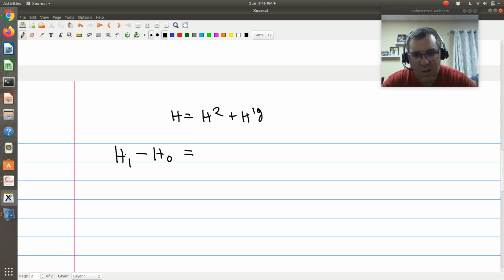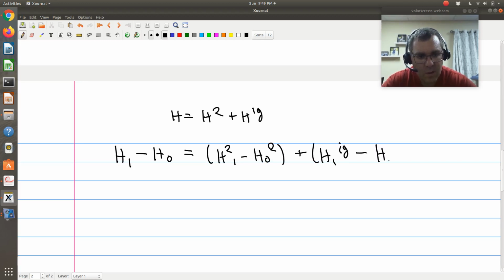So I can write H1 minus H naught as H1 residual minus H naught residual, plus H1 ideal gas minus H naught ideal gas. Essentially, H1 is H1R plus H1 ideal gas, and H naught is H naught residual plus H naught ideal gas, and now I'm just collecting terms.